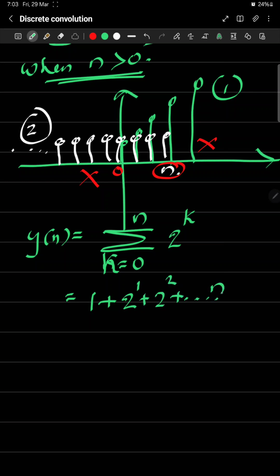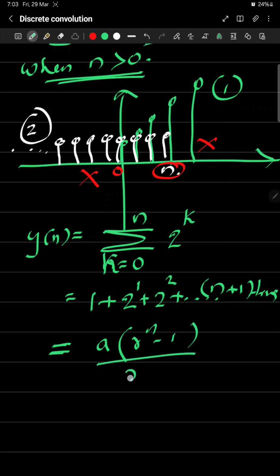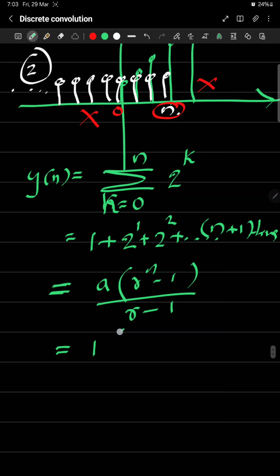Up to how many terms will be there? Again you will have n plus 1 terms. So again this is a GP, but see that the common ratio is greater than 1. So you have to use this equation, a into r raised to n minus 1 by r minus 1. So when you use this equation, say the first term is 1 into common ratio is 2 raised to n minus 1.